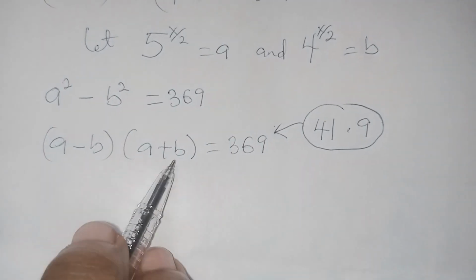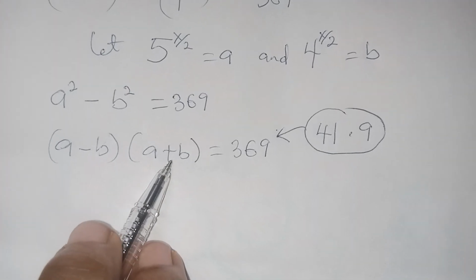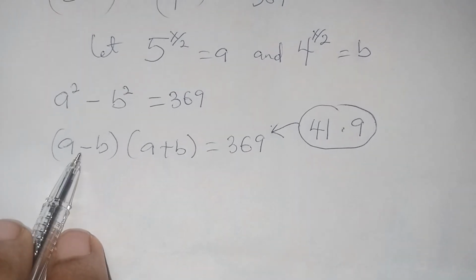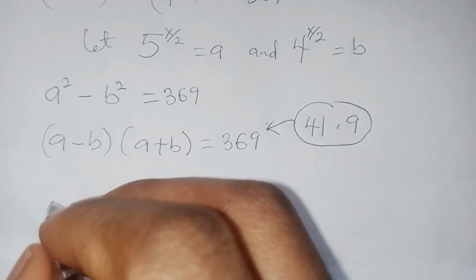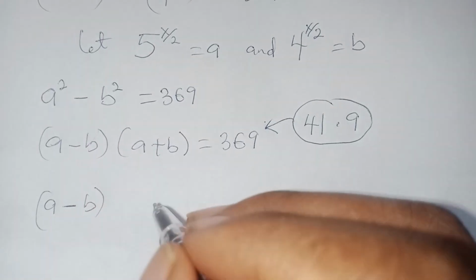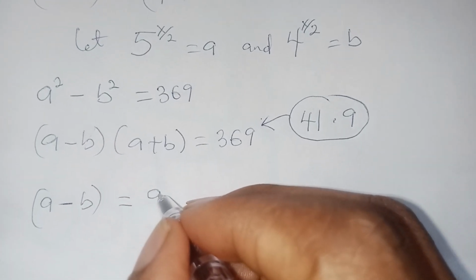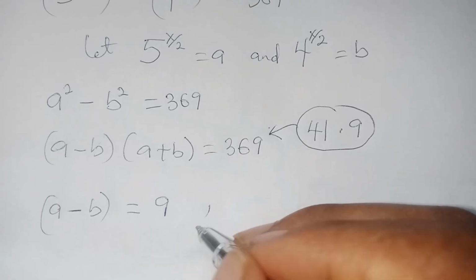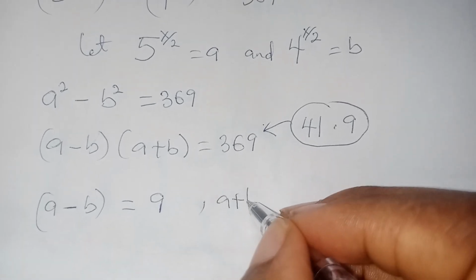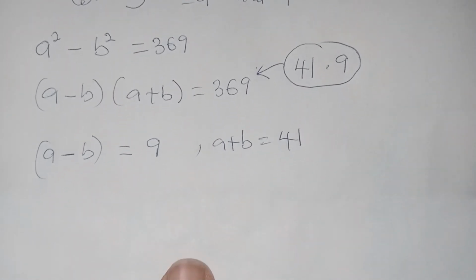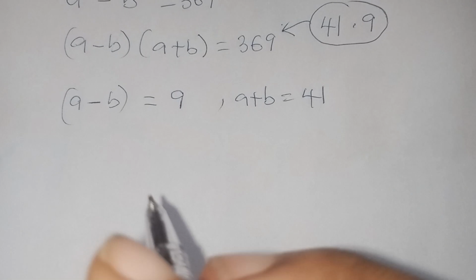Remember, the big one will go for the positive, and the smaller number will go for the negative, okay? So we have A minus B to be equal to what? 9, while A plus B is equal to 41. And so we already have a simultaneous equation.